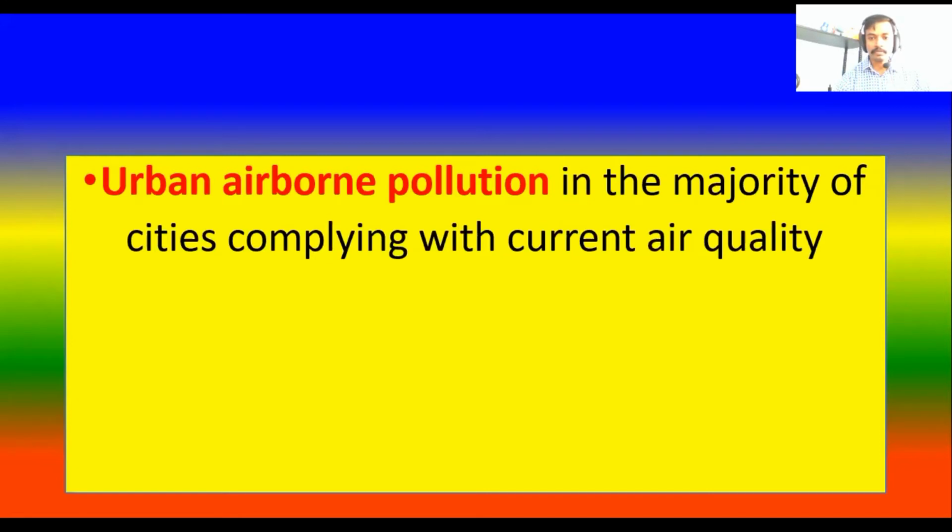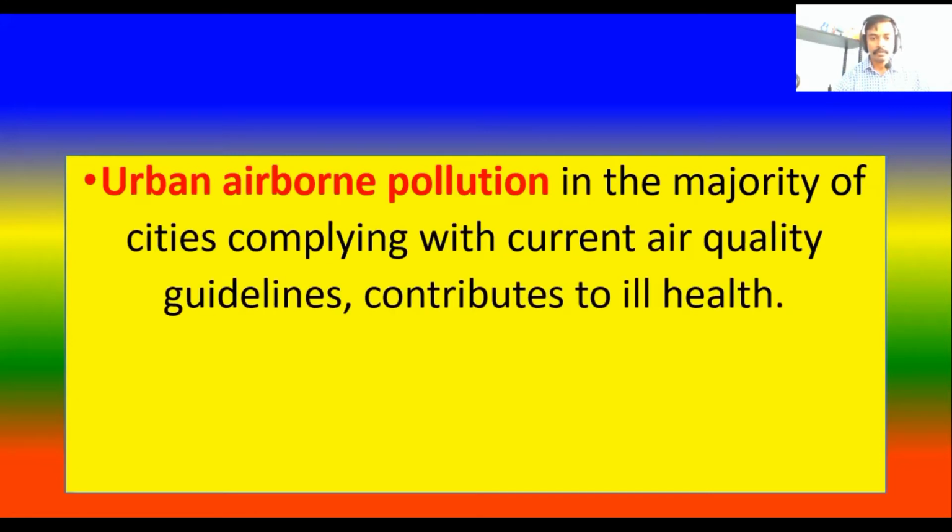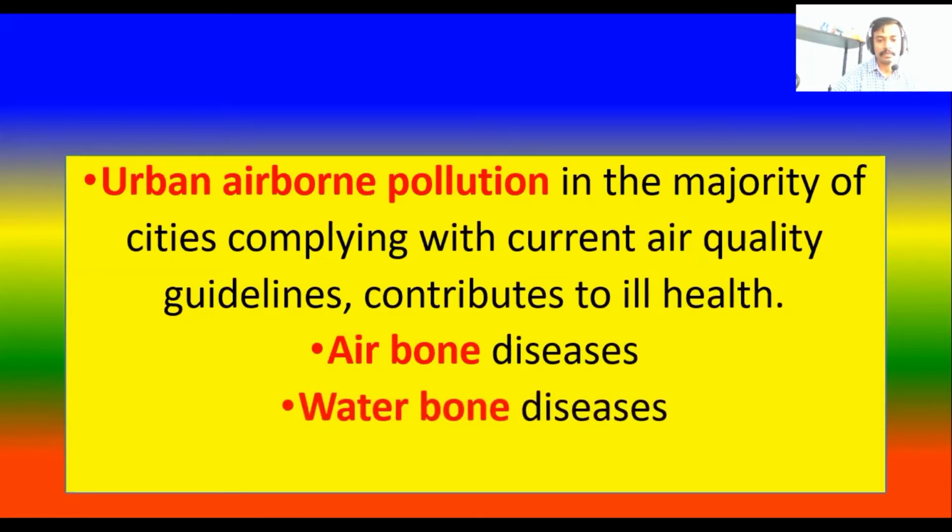Nowadays this is reducing, as the government has taken various measures to prevent emission of poisonous gases and prevent air pollution. The main concern is airborne diseases in urban areas. Then waterborne diseases.